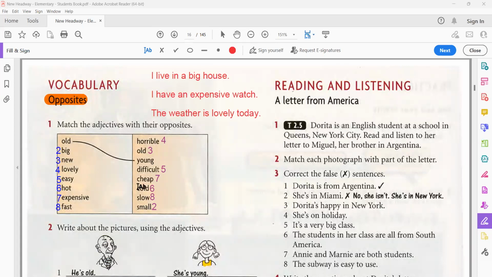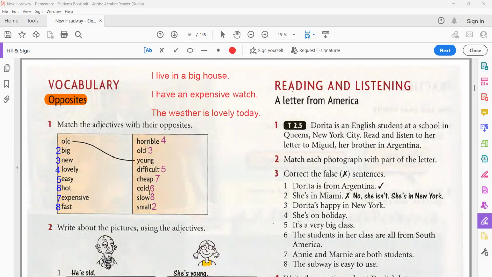So look at the answers here. Big, small. New, old. Lovely, horrible. Lovely means beautiful. Horrible, very bad. Easy, difficult.